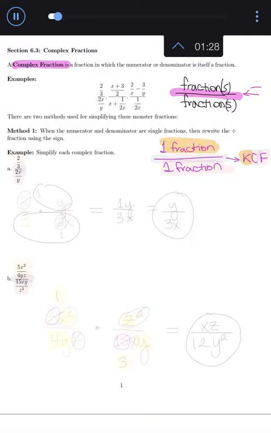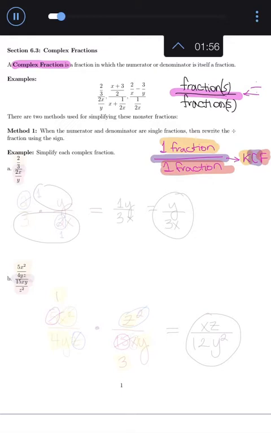You change, that's the C, you change the division into multiplication, and the F means you flip the fraction you were dividing by. Keep, change, flip. So we wouldn't be actually doing anything new as long as we have one fraction on top and one fraction on the bottom.